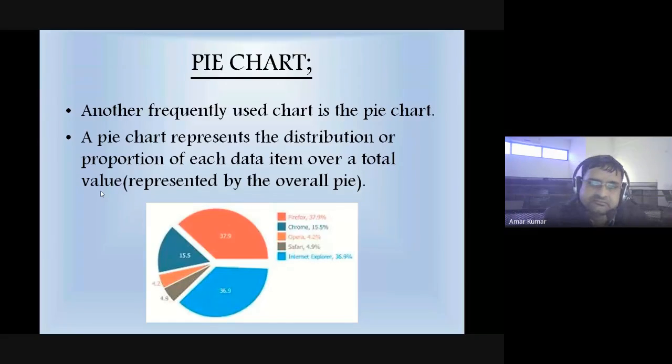For example, there are five students, and all these students will have a certain percentage of marks, or a certain percentage of work. If there are five students, all five students will have different percentages.